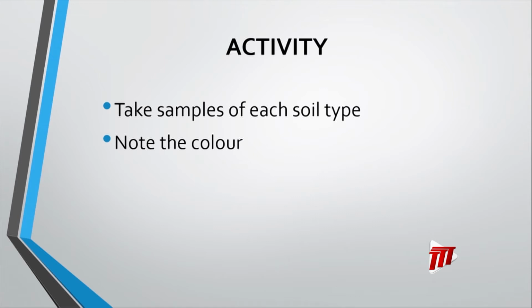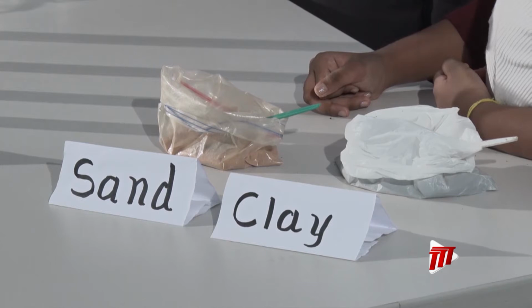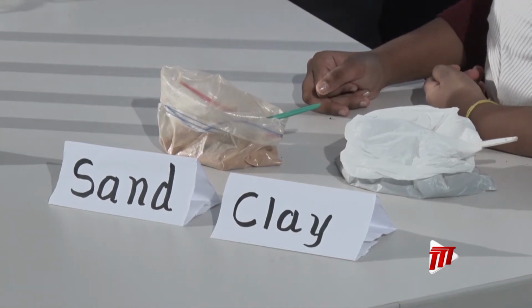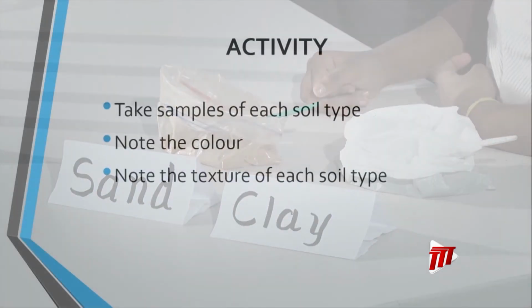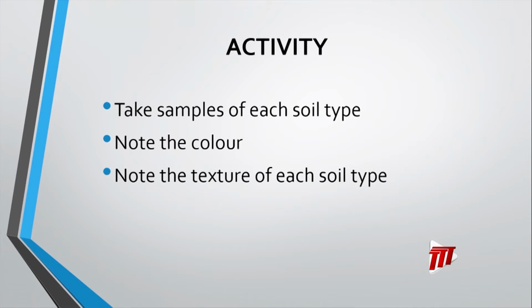So we already have the color. We look at the texture. We noted each of these. When we are talking about soils in general, it's very good to employ all of our senses, as with all good scientists, to make observations.